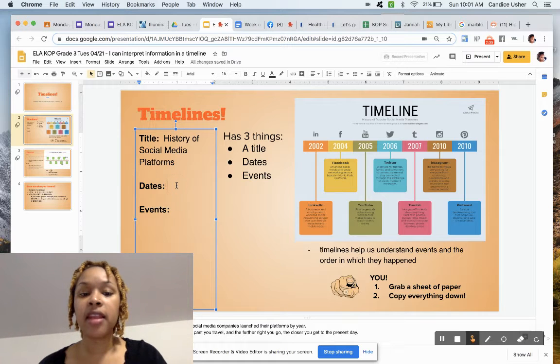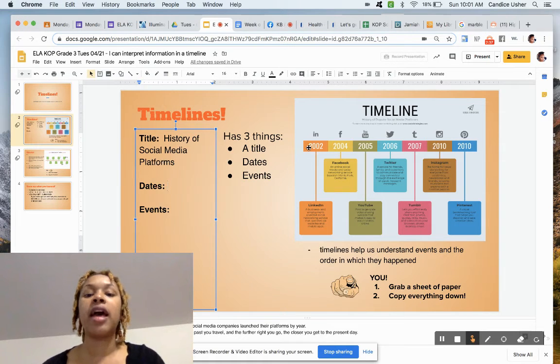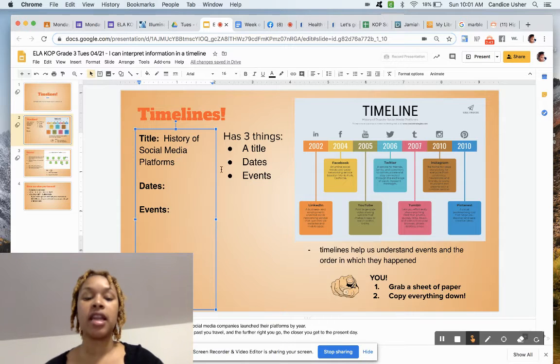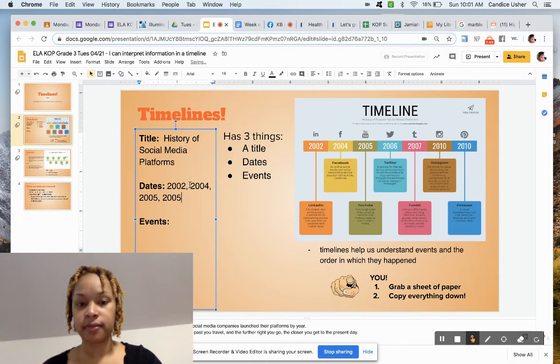And then the dates that are located on this timeline are 2002, 2004, 2005, 2006, 2007, 2010. So I'm going to put those dates. Then it skips to 2010.